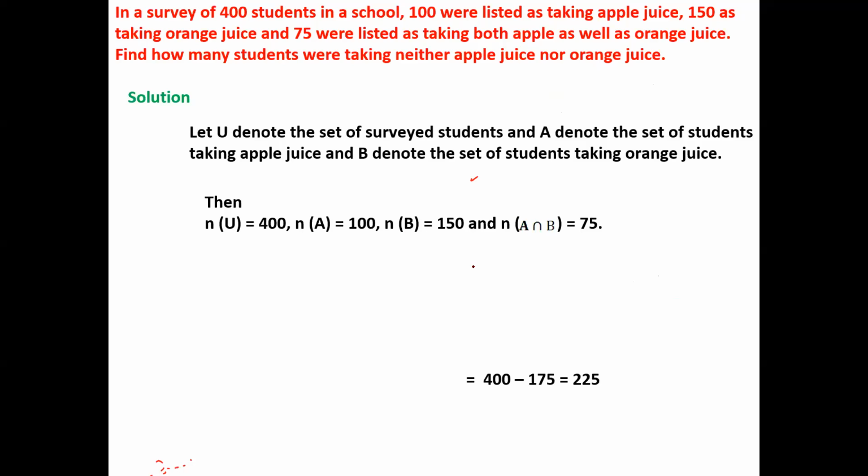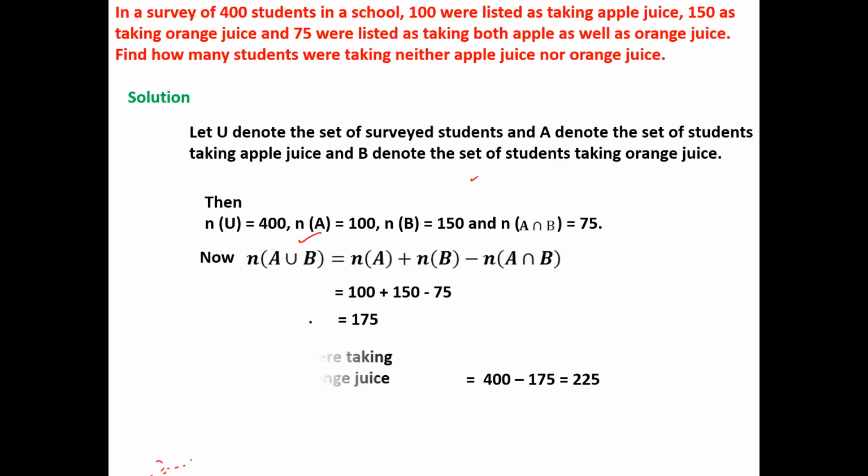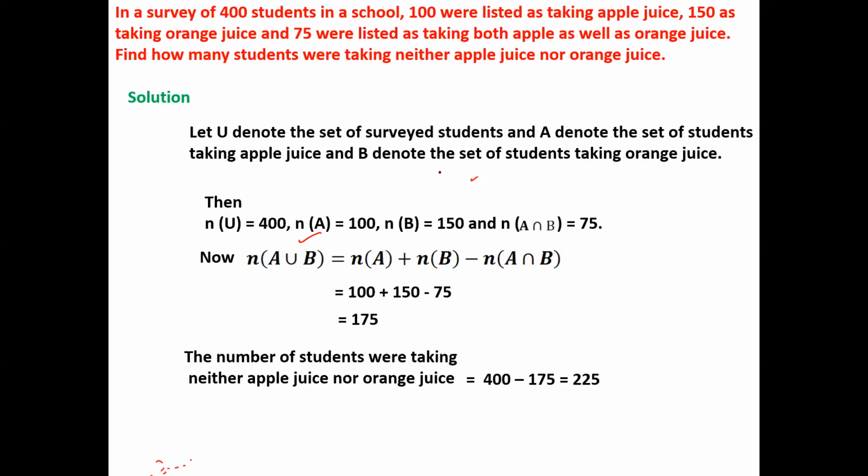So the following information. Now this is the number of people who drink at least one of the two juices. The number of students who were taking neither apple juice nor orange juice. That means, but one important thing, at least one, opposite is none. Opposite for none is not both.